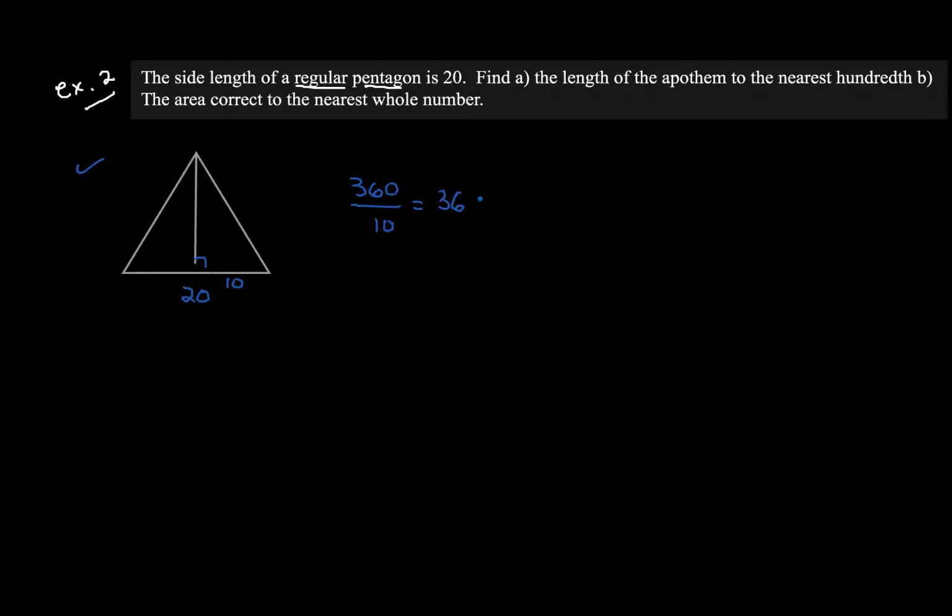The measure of the central angle is 360 divided by 5. I'm trying to figure out why they divided it by 5 and not by 10. Oh, because of how many triangles it is. Duh, there's only going to be 5 triangles.